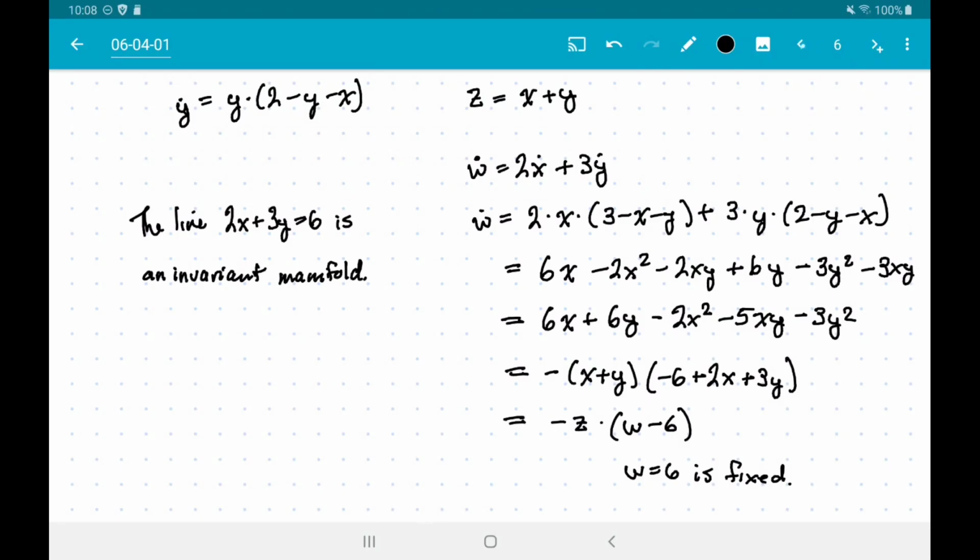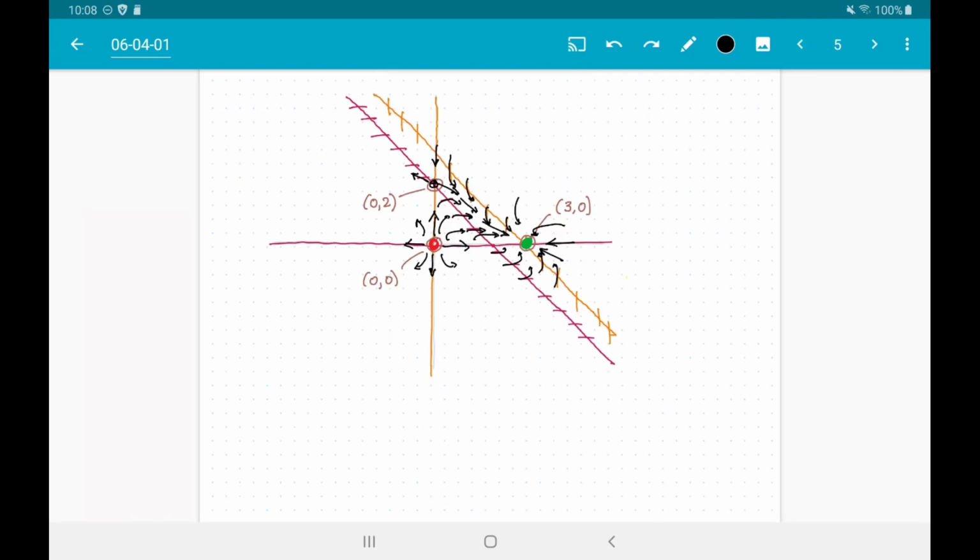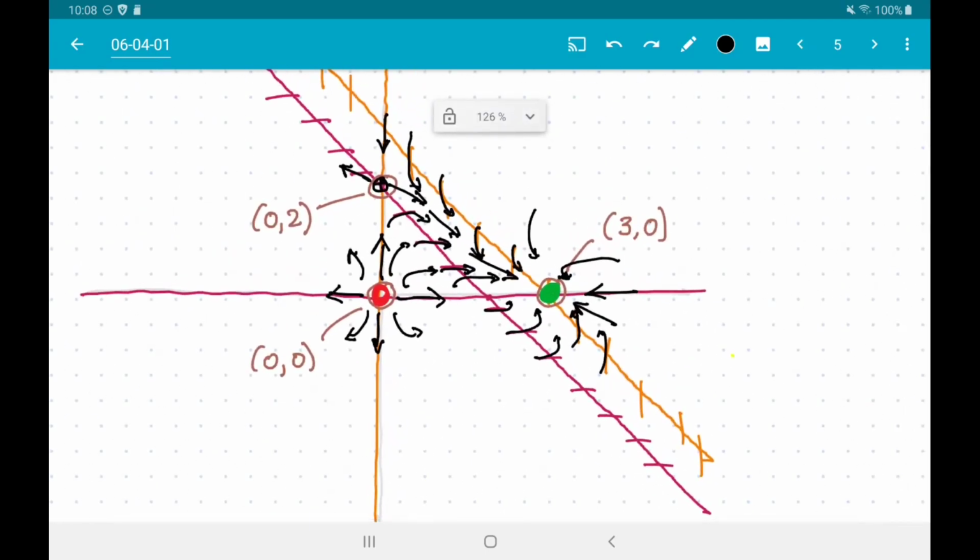Now, like I said, it's an unusual feature. Sometimes vector fields do have these invariant manifolds. And in fact, you can look at this one. There has to be one, and I'll say more about that in a moment. But it's unusual to be able to pin down exactly what it has to be.